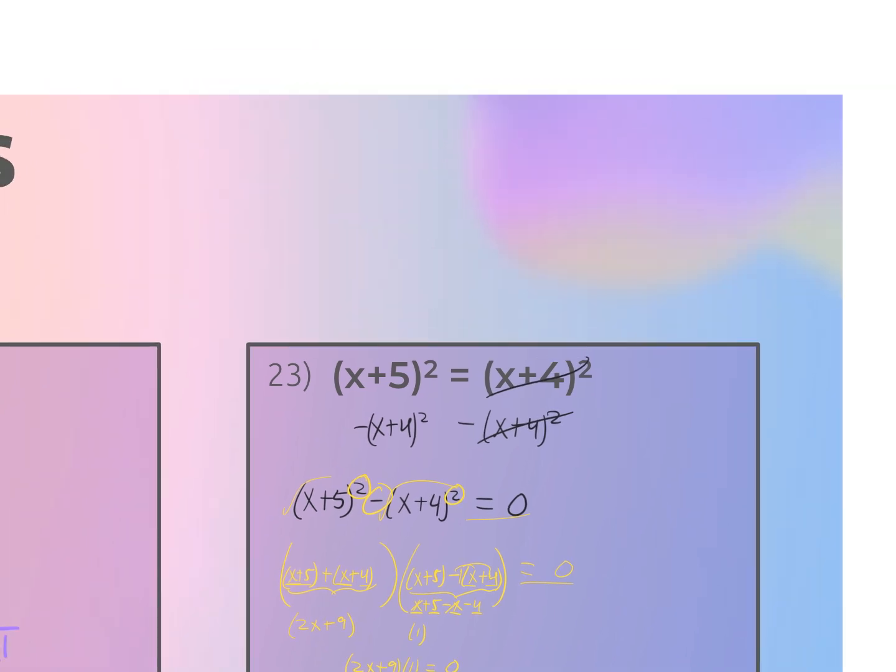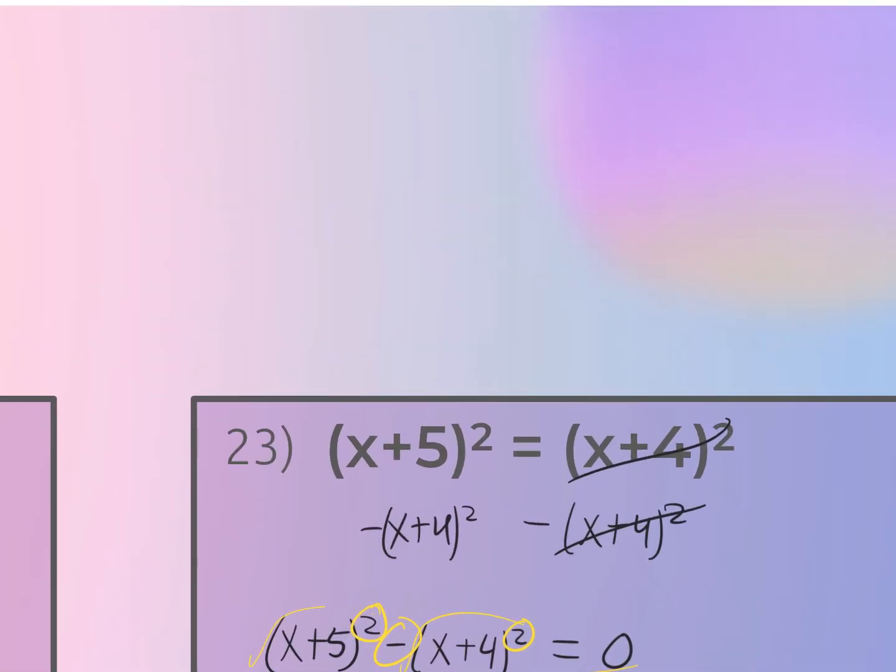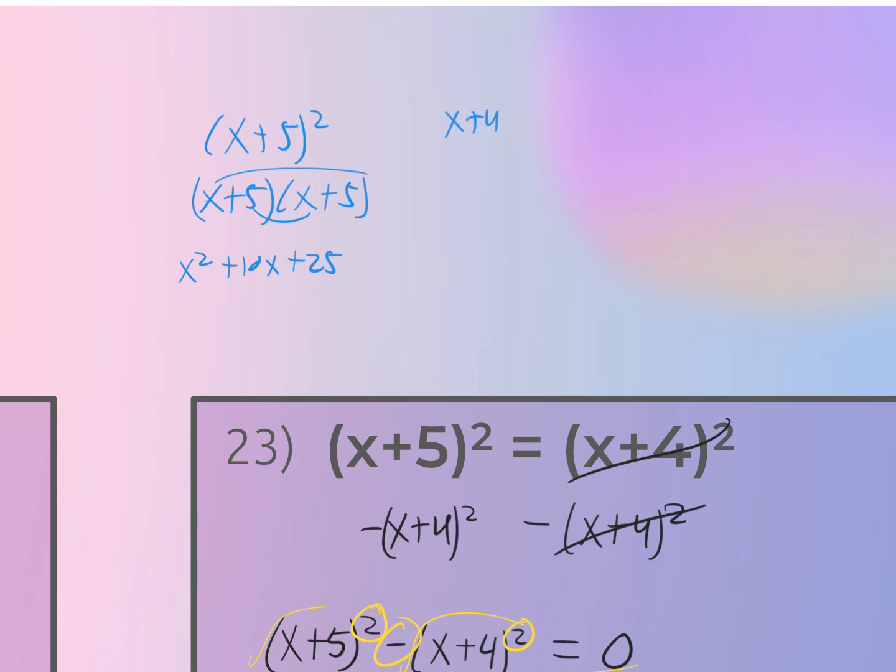And then I'll show you up here. It's going to FOIL as follows, if you wanted to do it this way. x plus 5 squared is the same as x plus 5 times x plus 5. FOILing it, we should get x squared, and then we get 5x plus 5x, which is 10x, and then plus 25. And then the other one is x plus 4 times x plus 4.